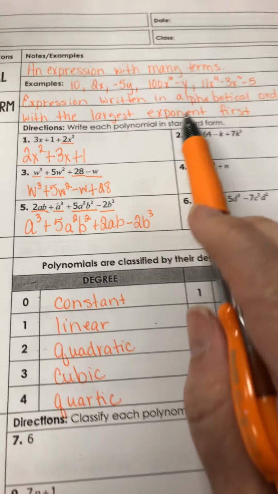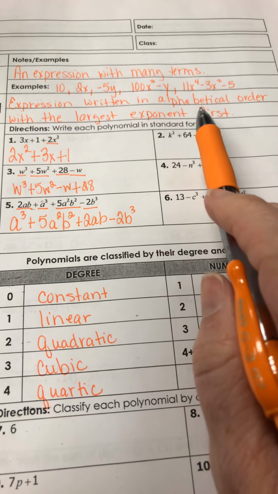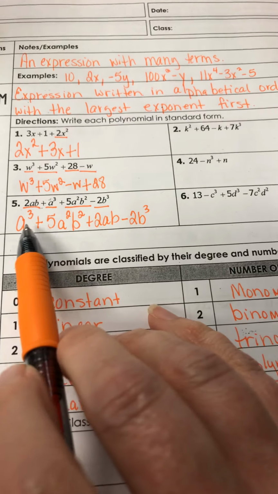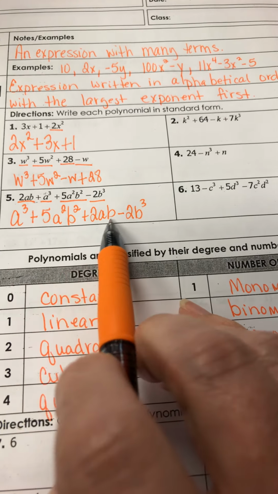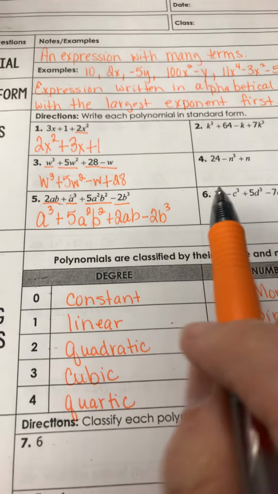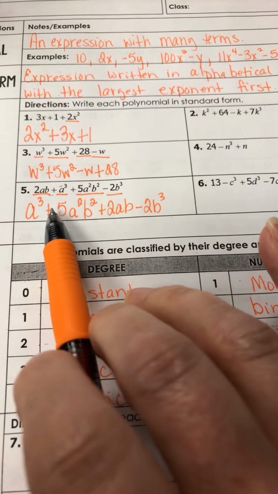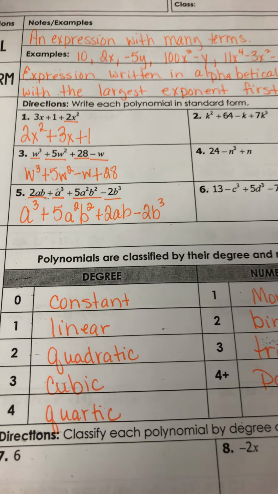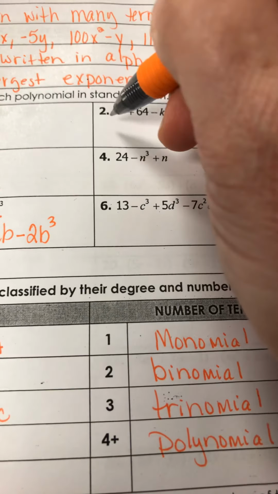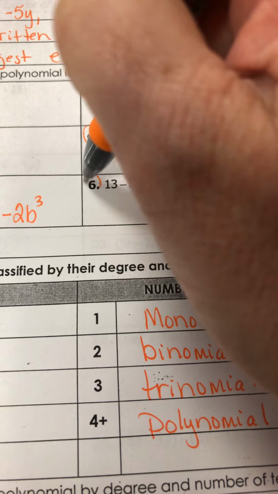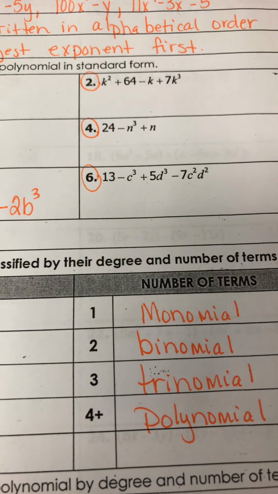So remember, it has to be alphabetical order with the largest exponent first. So we would have A, AB, B, okay? So 1, 2, 3, all written in standard form, okay? You are going to do, as part of your assignment, 2, 4, and 6, okay?